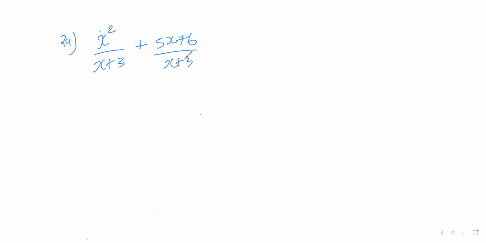Okay, we saw this when we were looking at adding fractions, and we said when their denominators are the same, all you need to do is just to add up their numerators and use that common denominator. So it becomes x squared plus 5x plus 6 divided by x plus 3, basically.